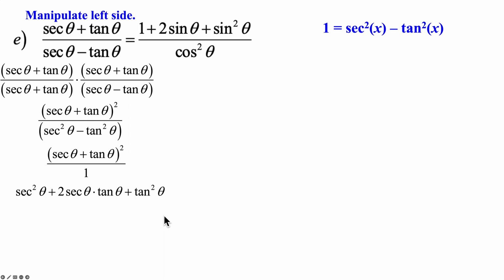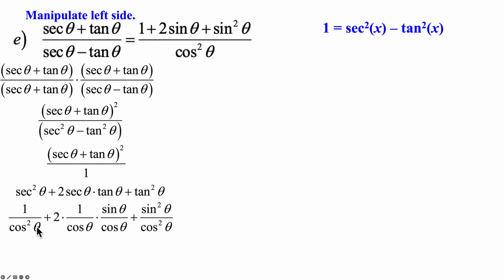I kind of got tongue twisted there. Okay, now is a good time to convert these all to sines and cosines. So we're looking at 1 over cosine squared theta, 2 times 1 over cosine theta times sine over cosine for my thetas, and oh, wait a minute, sine squared theta over cosine squared.